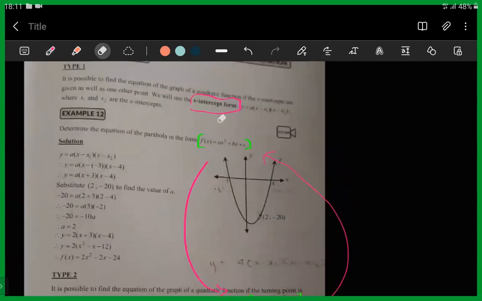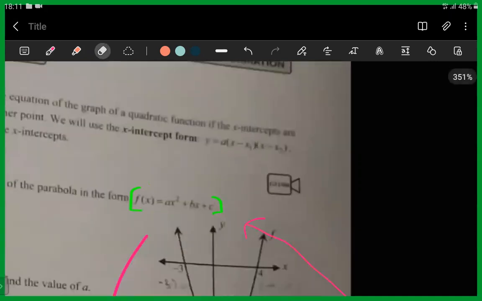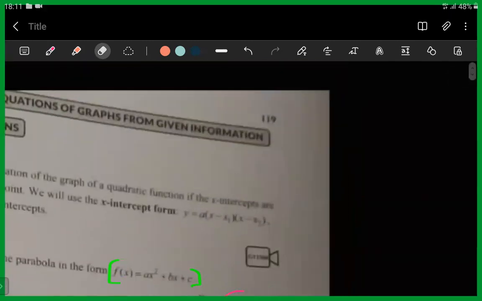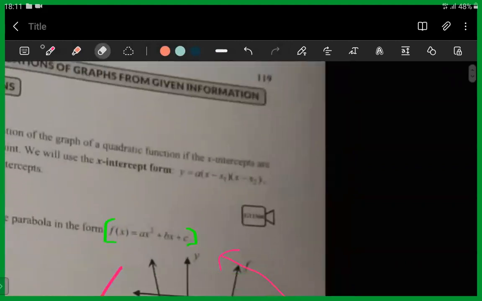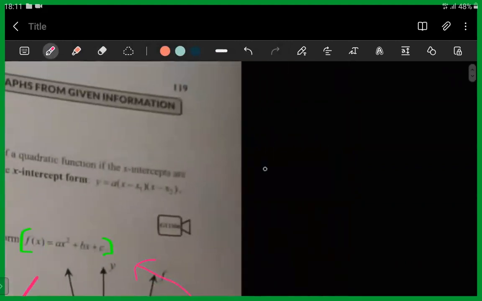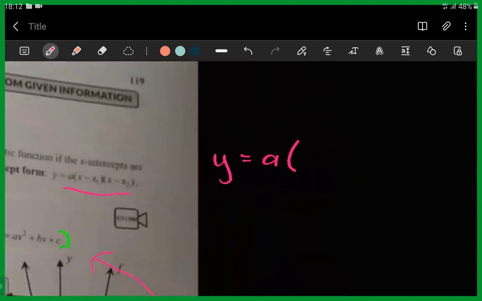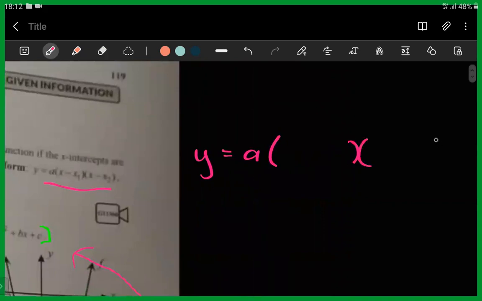But the idea is, regardless of which format they may want, if they give you x-intercepts as this page suggests, you need to keep in mind that if your equation is factorized, you're always going to have an a value and two brackets that follow each other.